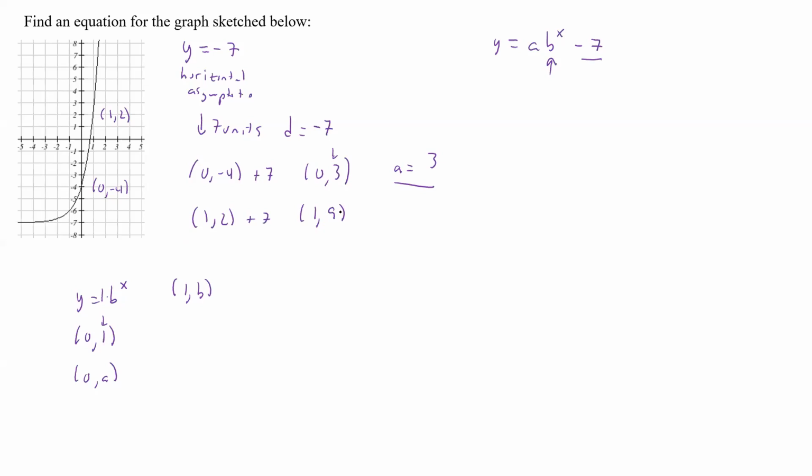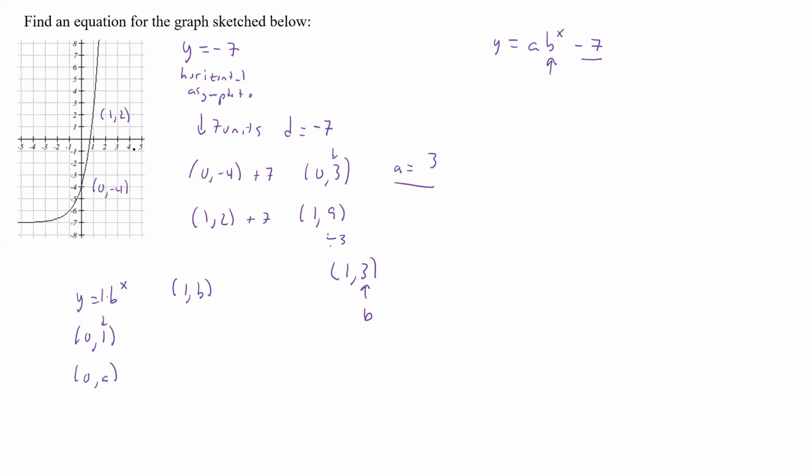Well, 9's not going to be our b, because remember, we multiplied the y's by 3. So if we divide this by 3, then we get 1, 3, and now we can say that that's our b. And so we've kind of had to go backwards and reverse what we have. First we had to move everything up to get the y equals 0 horizontal asymptote.